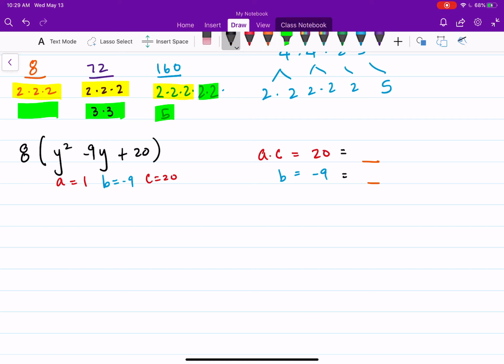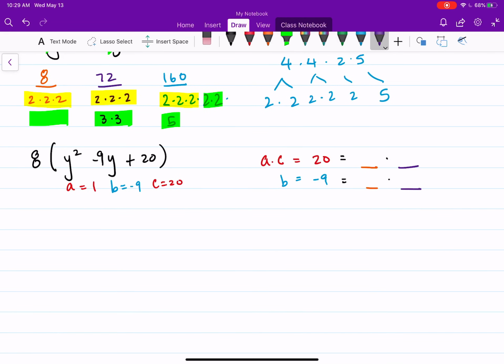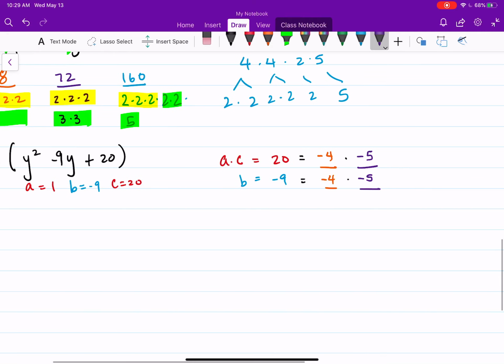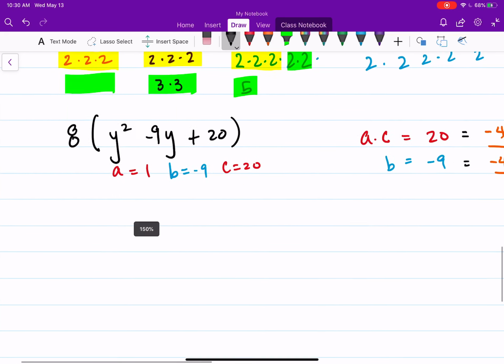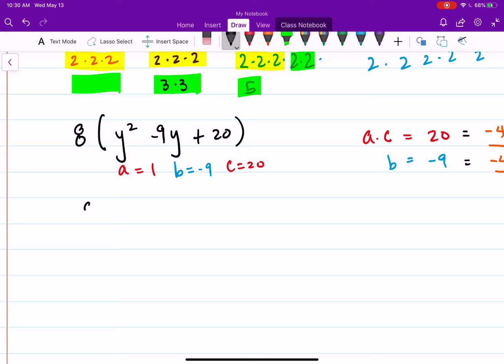What two numbers multiplied together give you 20, but add together to give you -9? Well, that would be -4 and -5. -4 times -5 gives you positive 20. -4 plus -5 gives you -9. So that works.